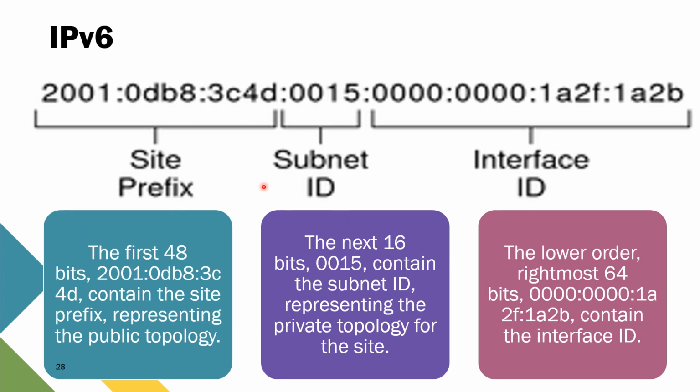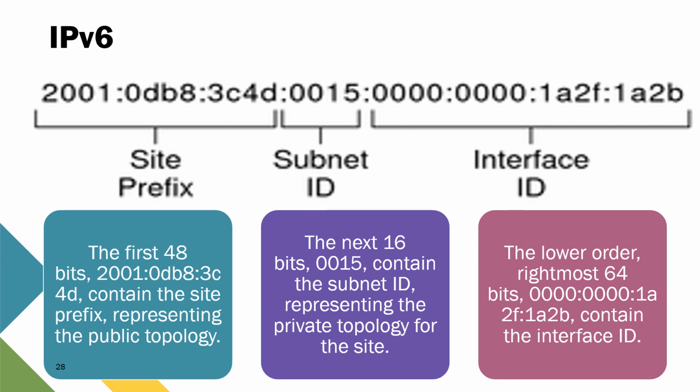So here I put an example for all of you to look into. This is an example of an IPv6 address. For this one, the first three are the site prefix, so you will see that this represents the public topology, and then this is the subnet ID, which contains the private topology for the site, and then the interface ID, which is the one connected to all the devices that are connected to this network.